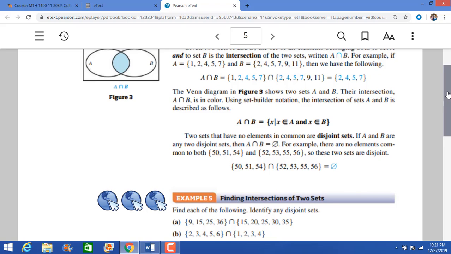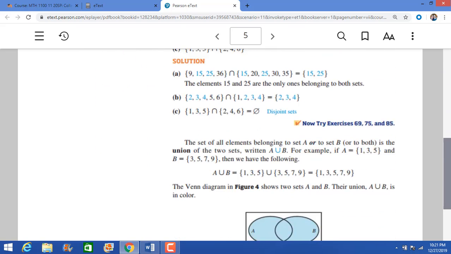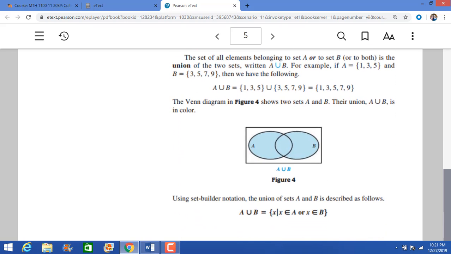But in the intersection, it's A and B, so it's an "and" statement. But if we go down to the union, here we look at an "or." We want to know if the elements belong to A or B or to both.